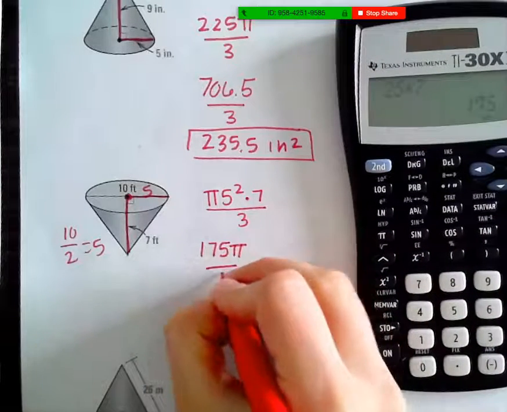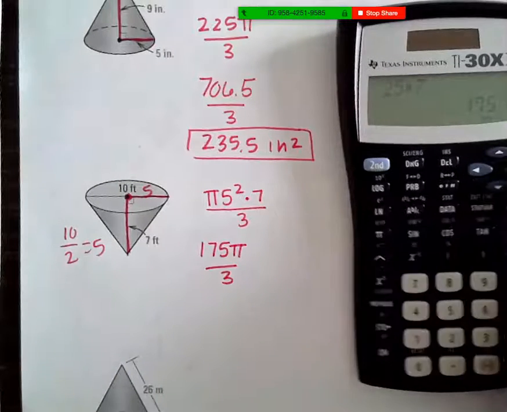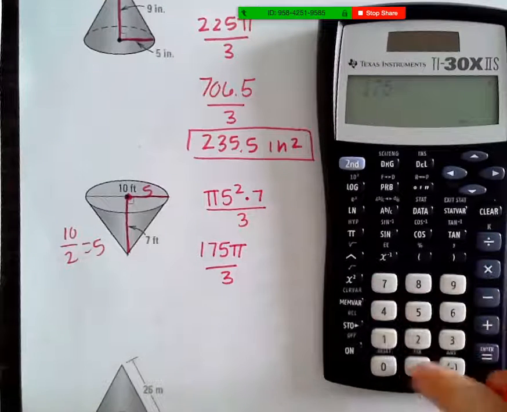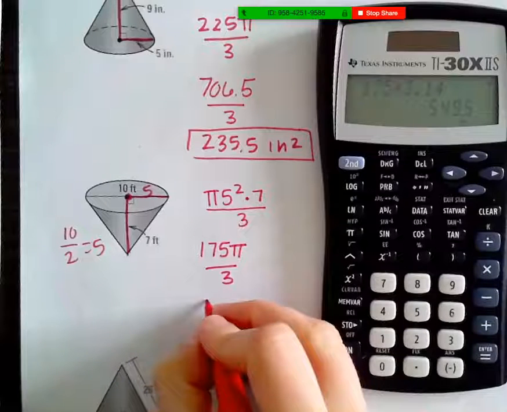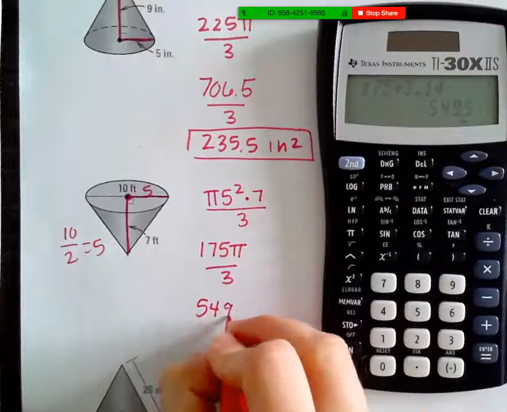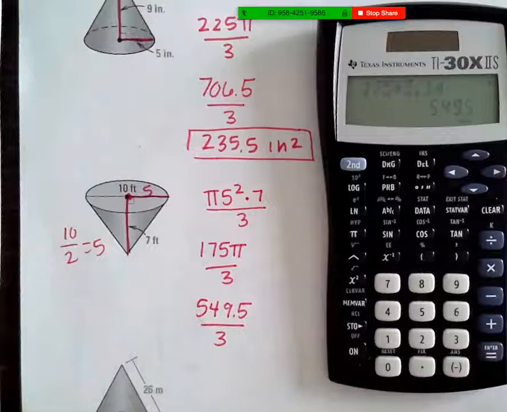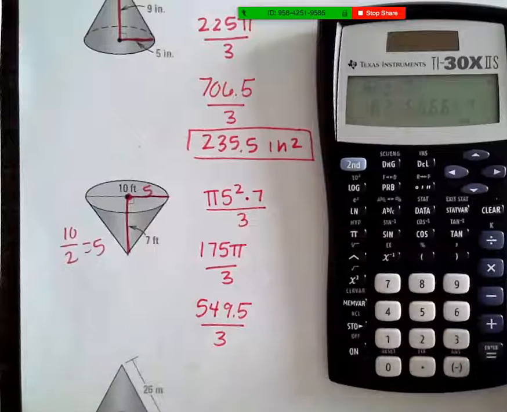Take 175 times 3.14. 549.5. Is it going to be a big long decimal after that, maybe divided by 3? Yeah, it might be a bit of a decimal. That's okay. I got a long decimal.